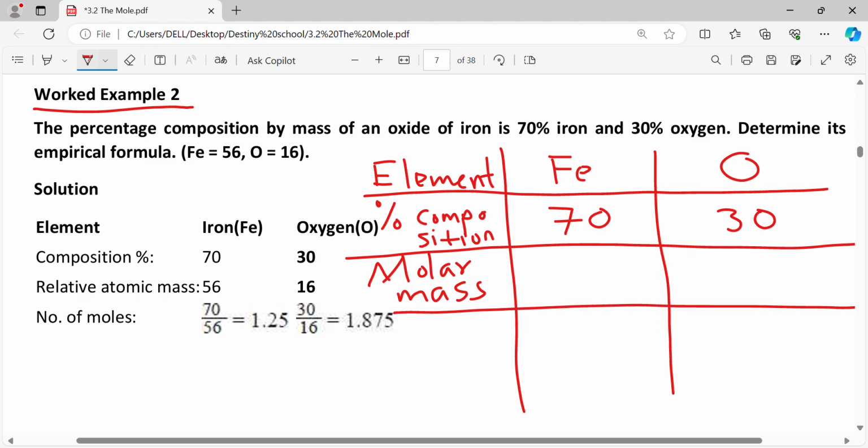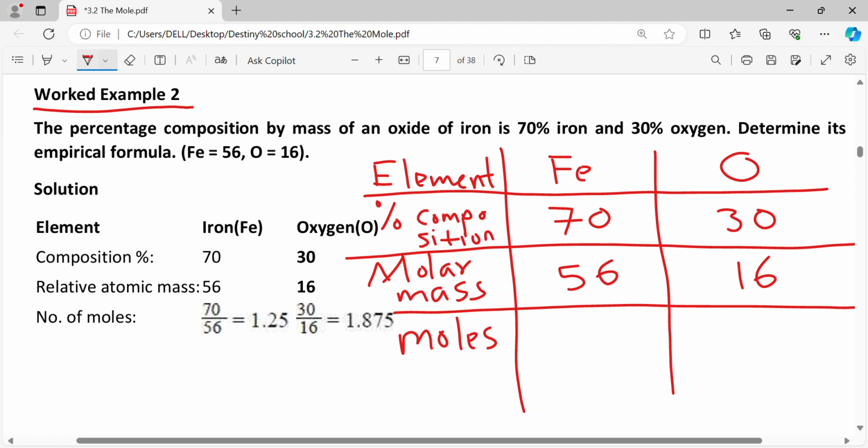Then we now need their molar masses. So the molar mass of iron is 56, and the molar mass of oxygen is 16. Then we now find the moles.